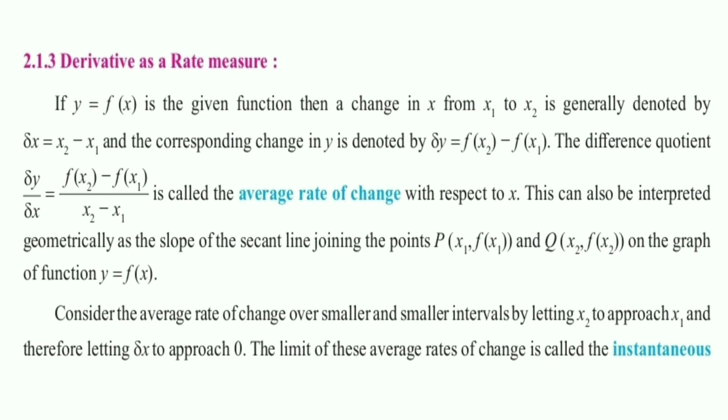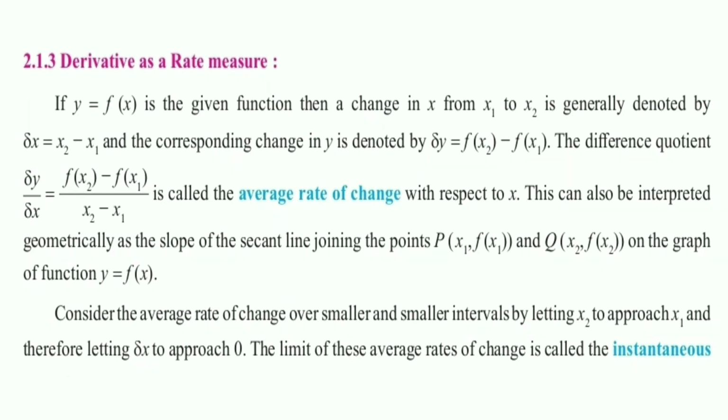If y equal to f of x is the given function, then a change in x from x1 to x2 is generally denoted by delta x equals x2 minus x1, and the corresponding change in y is denoted by delta y, which is equal to f of x2 minus f of x1.